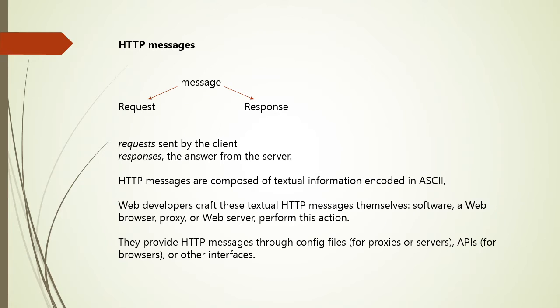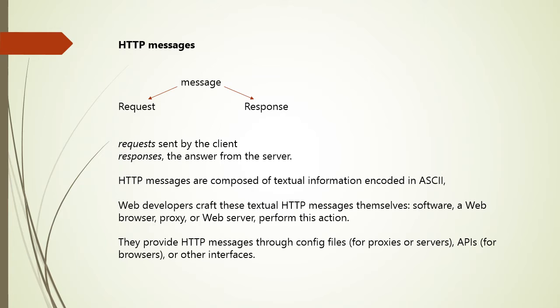HTTP messages are how data is exchanged between server and client. There are two types of messages: requests, sent by the client to trigger an action on the server, and responses, which are the answer from the server. HTTP messages are composed of textual information encoded in ASCII and span multiple lines. In HTTP 1.1 and earlier versions of the protocol, these messages were openly sent across the connection.